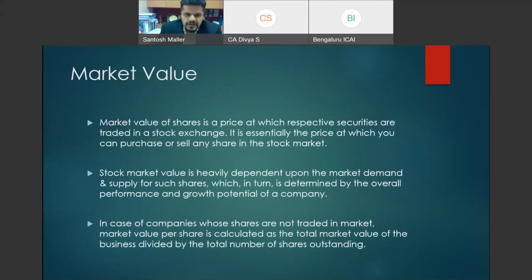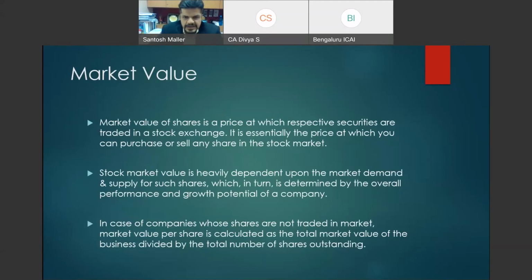Second is market value. Market value is the most common term used, and many times it's used interchangeably with market price. Now, market value of shares is the price at which the respective securities are traded in a stock exchange.